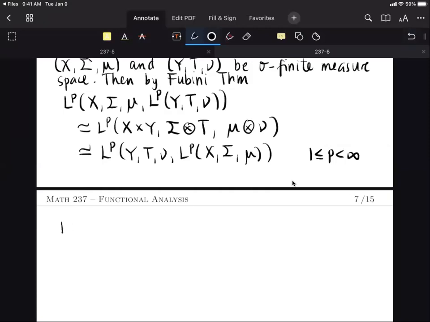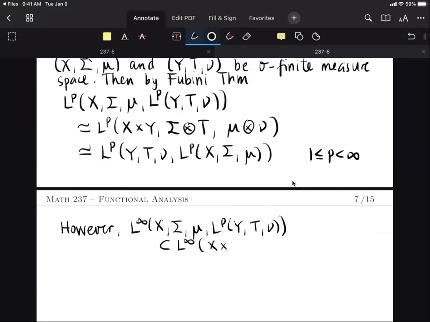However, when p is infinity, these two are not necessarily the same. In fact, one can only at least say that one is a subset of the other. So this iterated Lebesgue space is a subspace of this product Lebesgue space, or Lebesgue space on the product.